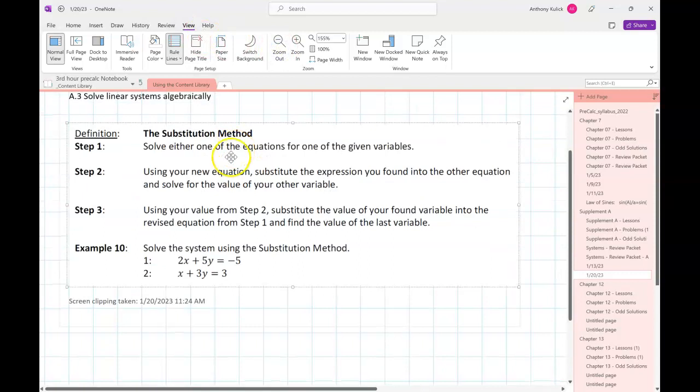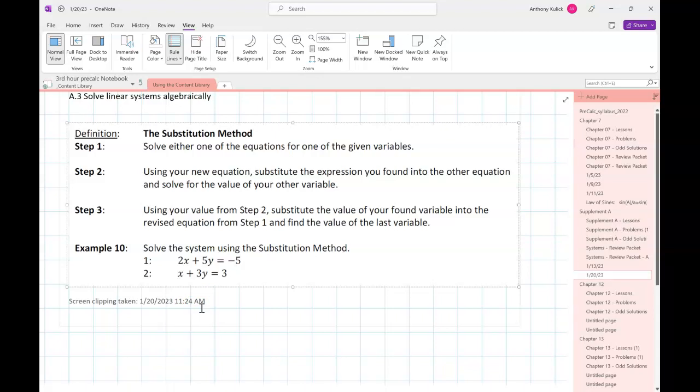So for the substitution method, you can choose to start with either of the two equations. It does not matter which one you start with. And you're going to solve that one equation in terms of one variable. So you're going to either get the x by itself or the y by itself. It does not matter which one. That's step one.